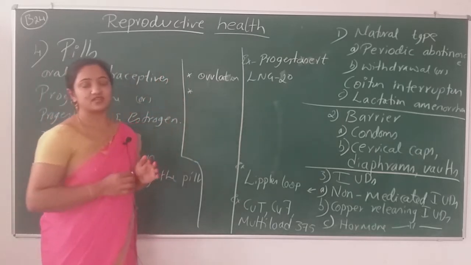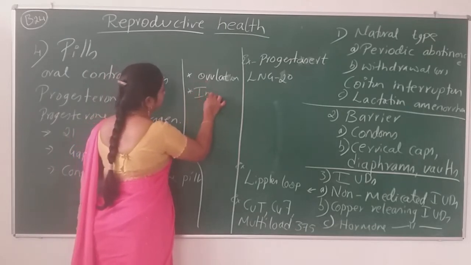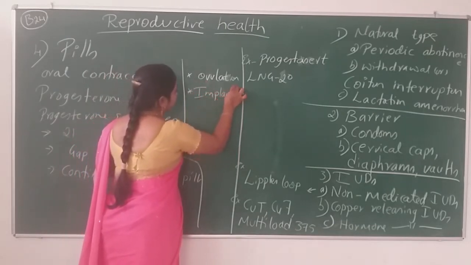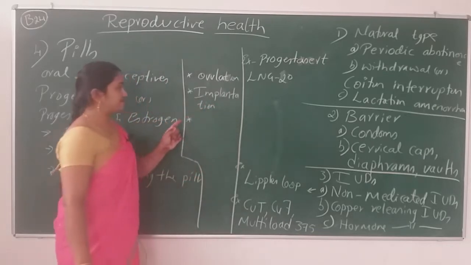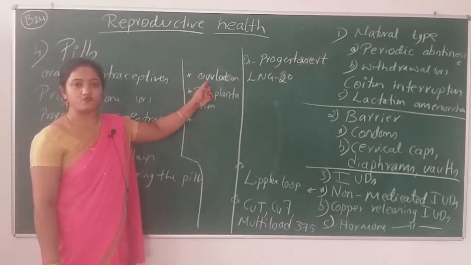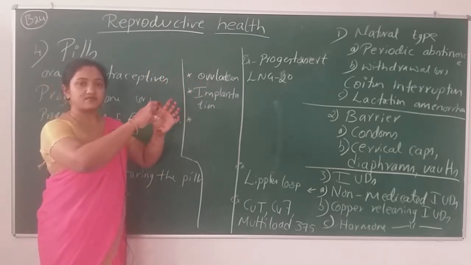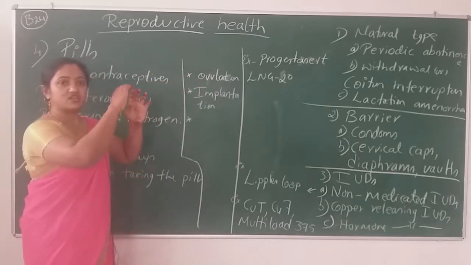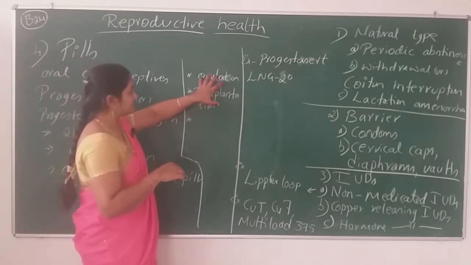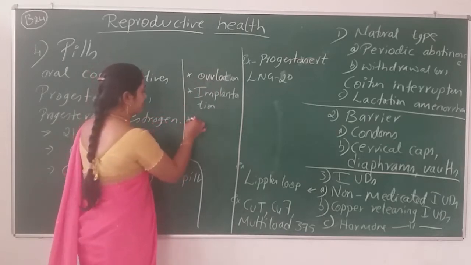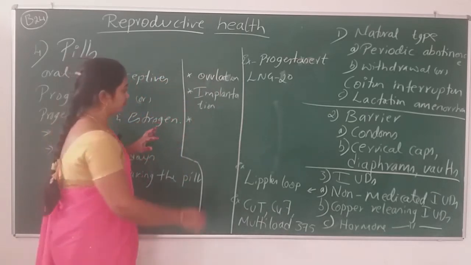It will prevent the ovulation, and it also prevents implantation. Implantation does not occur, ovulation does not occur. Ovulation not occurring means there is no egg in the fallopian tube to receive the sperm. And then one more function of the oral contraceptive is there.